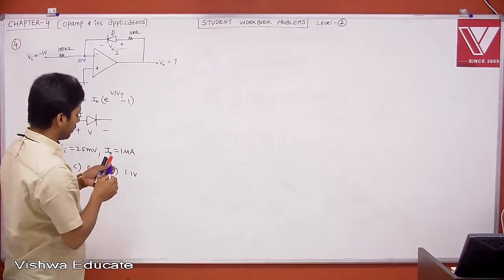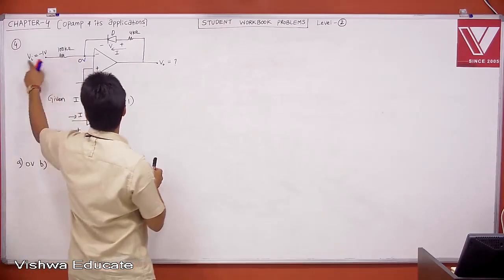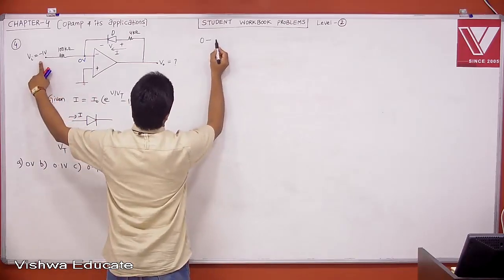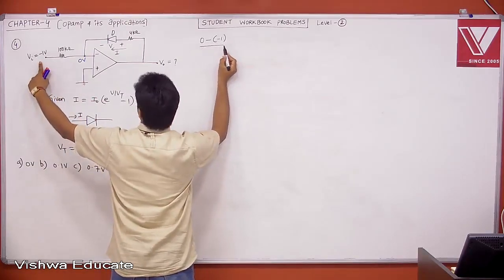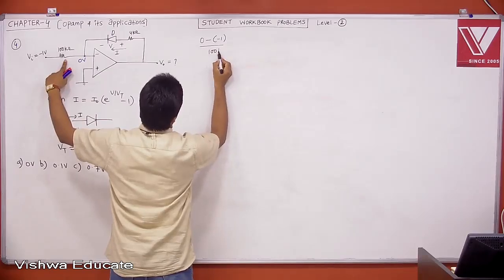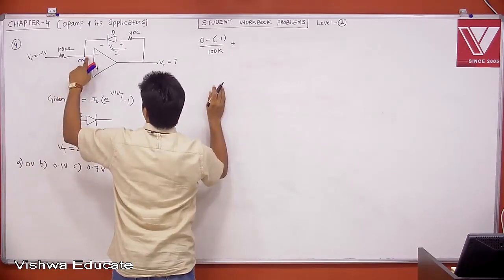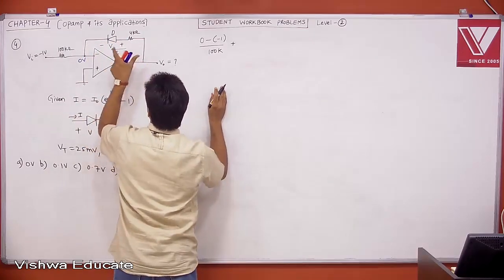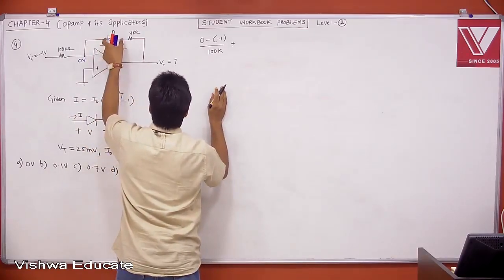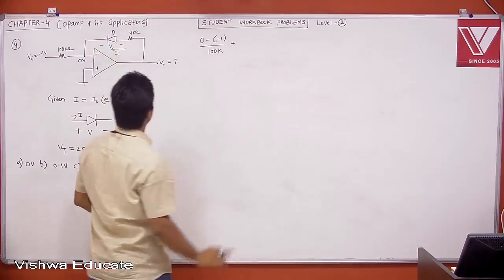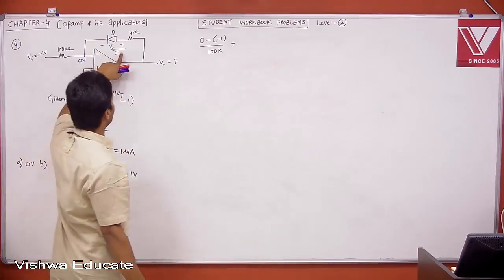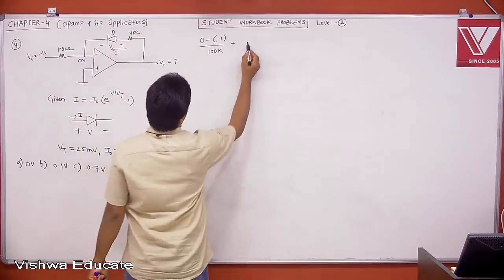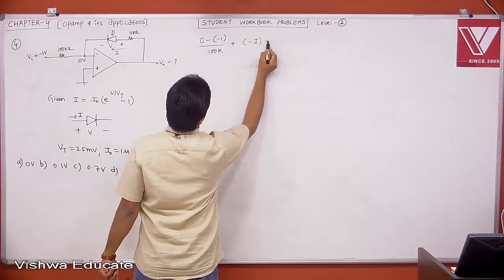Now, current leaving from this node is (0 minus Vi) divided by 100k, where Vi is minus 1. Plus the current leaving from this node is (0 minus V0) divided by the forward resistance of the diode and 4k. Directly I can say the current flowing through the PN junction is known, therefore the current leaving from this node is minus I. Minus I is equal to 0.